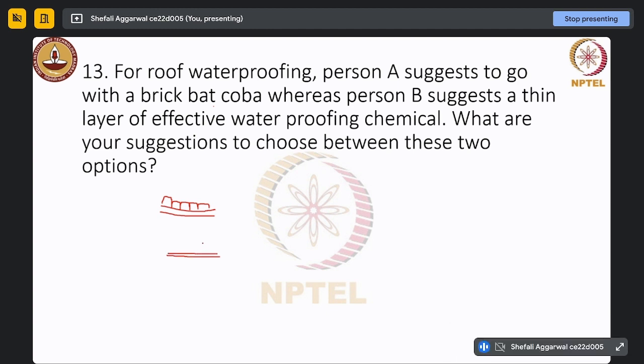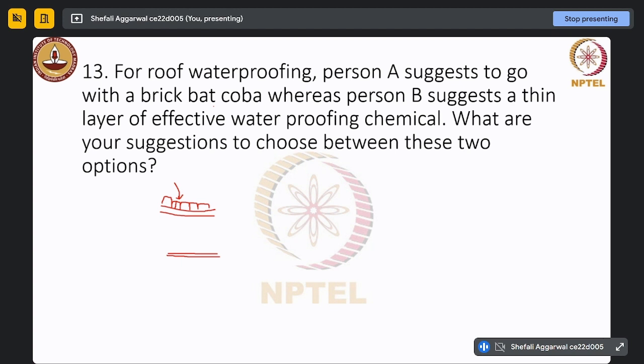So in case of any shrinkage or expansion, what will happen in this case? The bricks are more stiff, right? So bricks will have cracks in between, and there are chances that water will penetrate through these cracks.